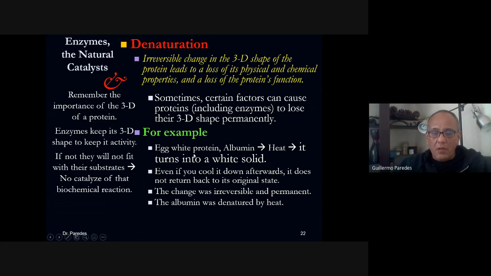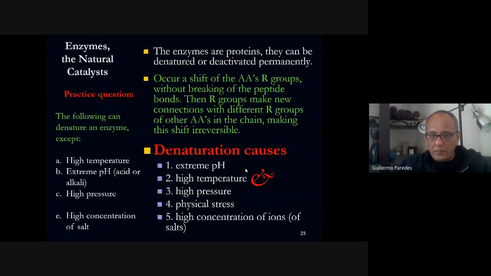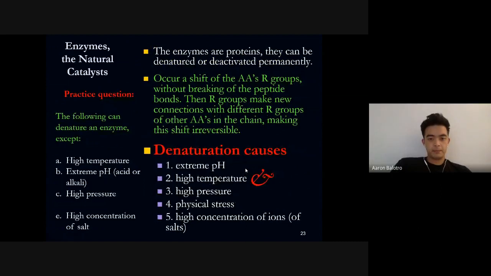For example, egg white protein, albumin, when heated, turns into a white solid. Even if you cool it down afterwards, it does not return to its original state. The change was irreversible and permanent. The albumin was denatured by heat. Are you okay with that? Yes. Questions for the exam.